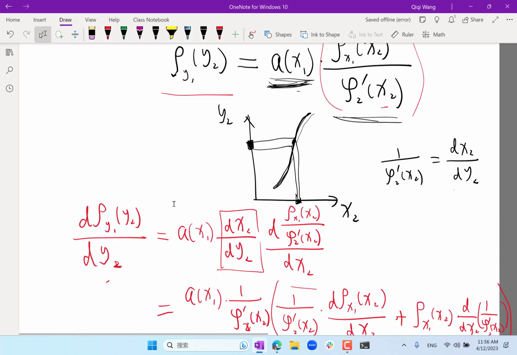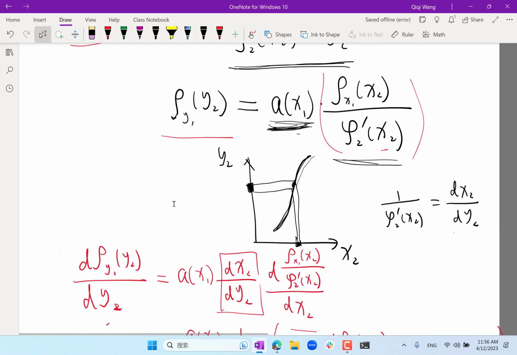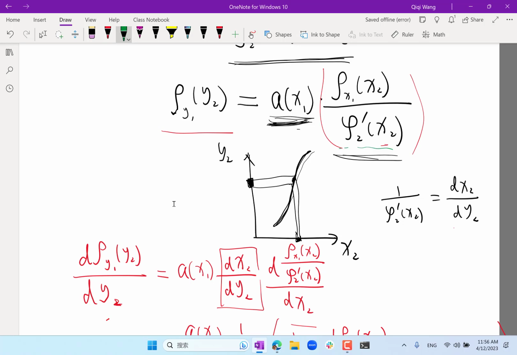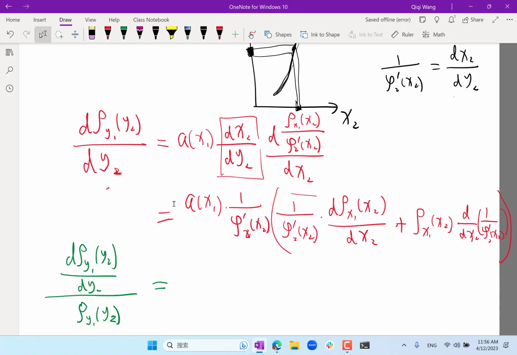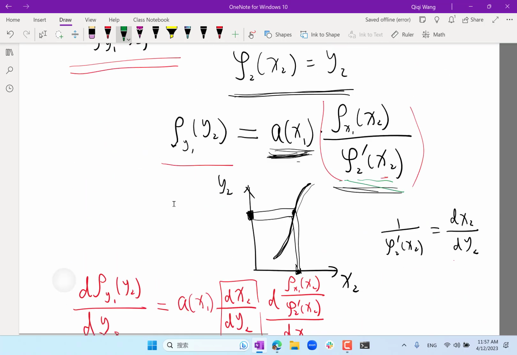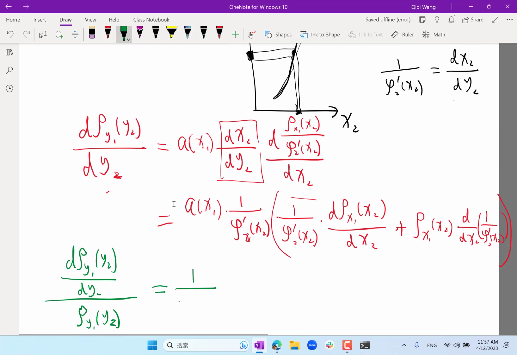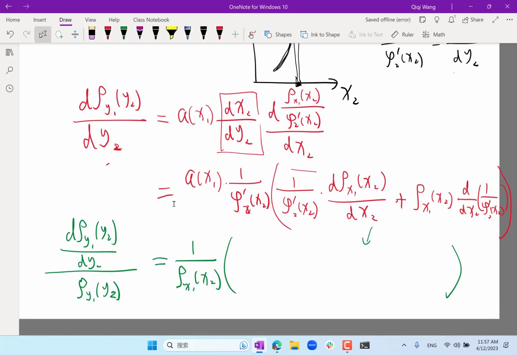So the a would cancel out, right? And one of the phi primes would cancel out. And what we get is the first part is just going to become the fractional derivative of rho on x, and then the second part just carries over, right? The second part carries over, which means let's just copy this.